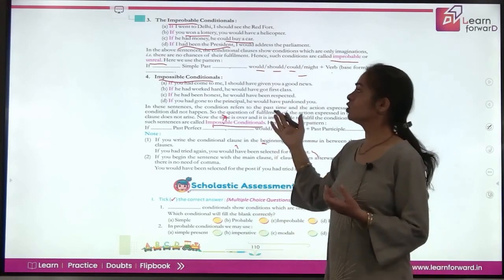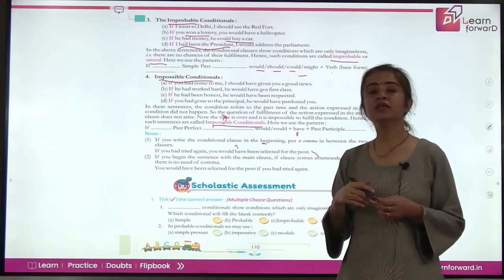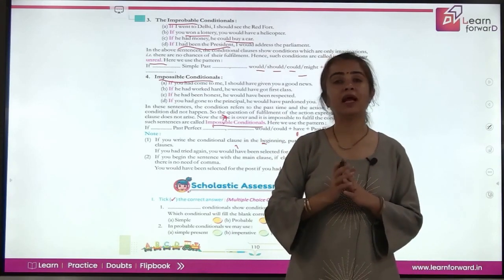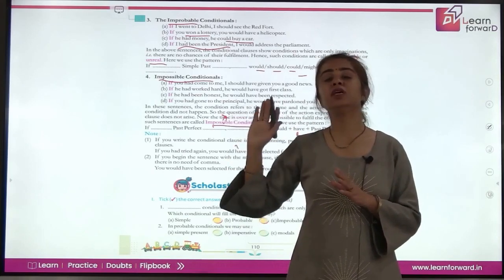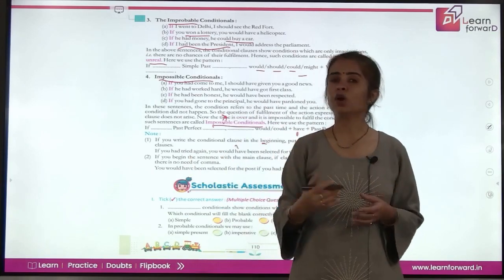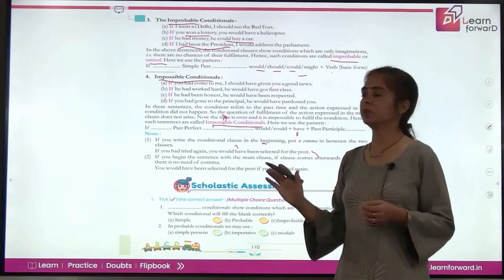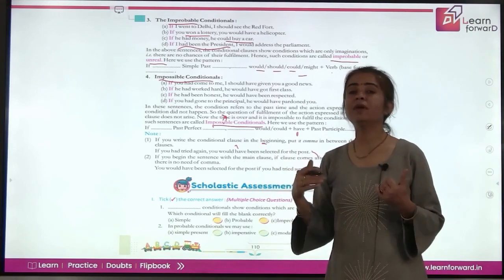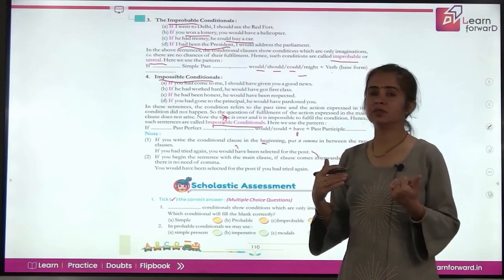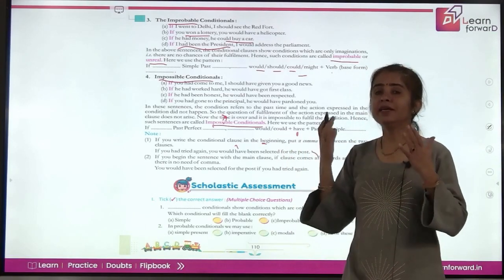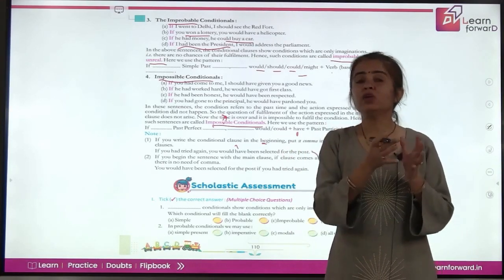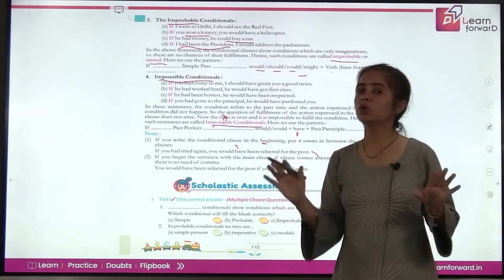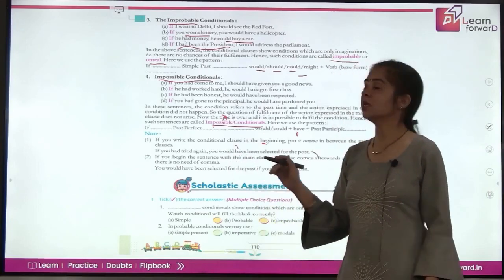But in case of impossible conditions, it is like there is no use crying over spilt milk. That means that opportunity has been lost and you will not get it. So it is not possible now. So it is beyond imagination, because you are not only imagining this condition. It is like you could have got that opportunity, but then you missed it out. So it is not going to happen again. That is why it is impossible.